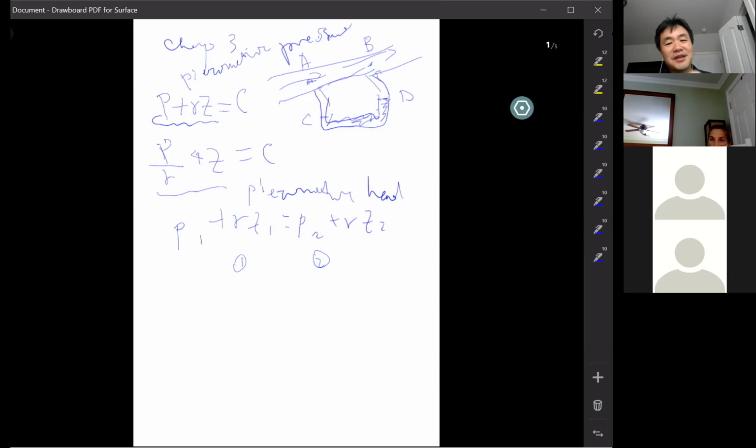The flow is flowing inside the pipe, A and B. But in the manometer, they are all stationary. If it's stationary, you can say the piezometric pressure at A equals the piezometric pressure at C. You can directly convert the problem into C and D for the measurement of A and B. Okay, so that's the process.